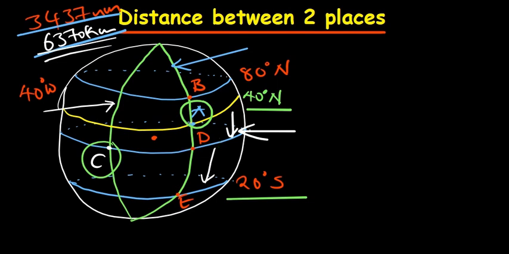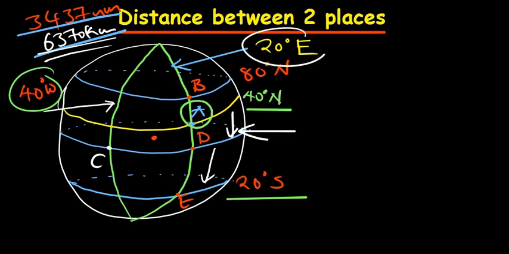So C is along a longitude of 40 degrees west, and for the longitude where the other point is, I forgot to give you, it's 20 degrees east. Okay, so you can see that they are on opposite sides, so you just add them, which will give you 60 degrees again. So you use 60 as the theta.